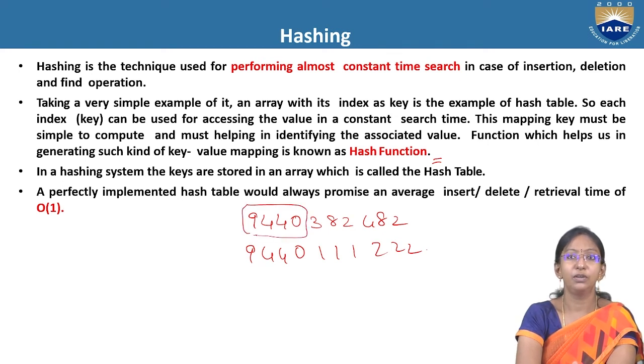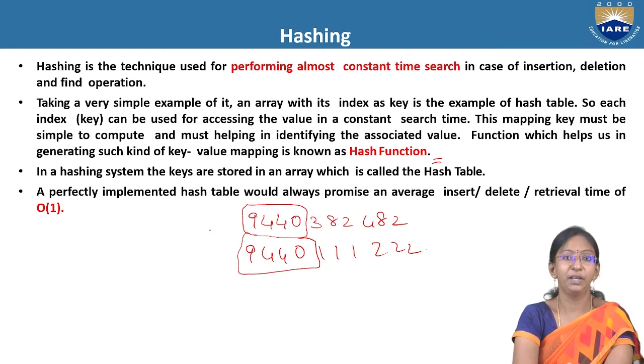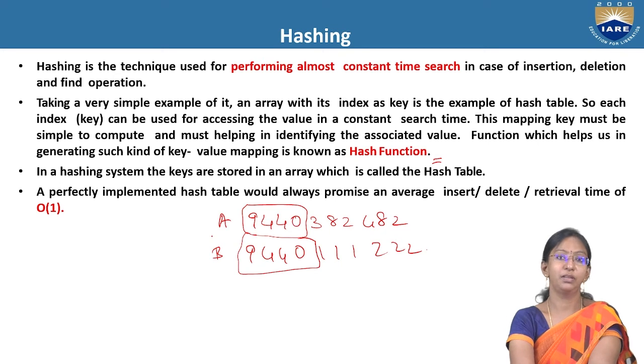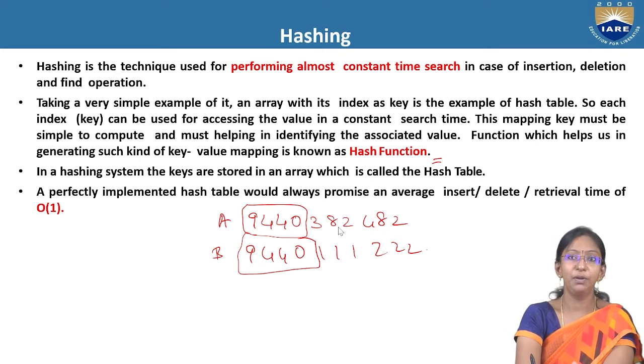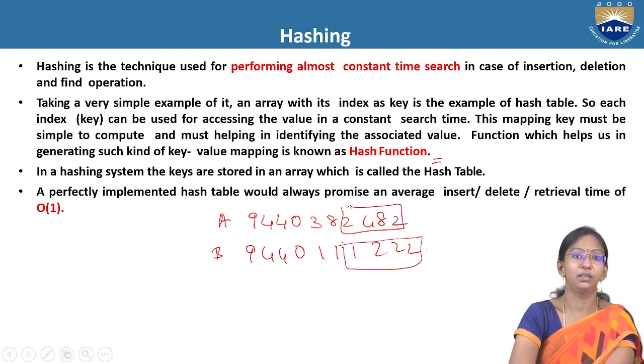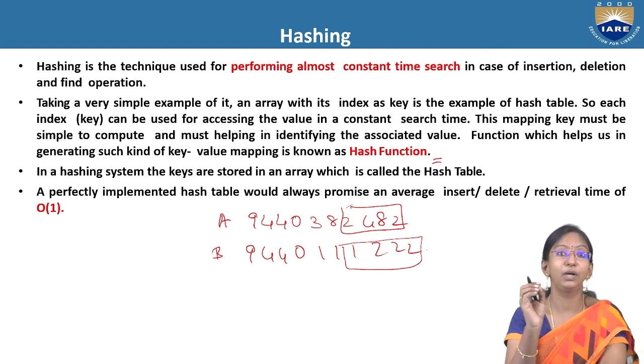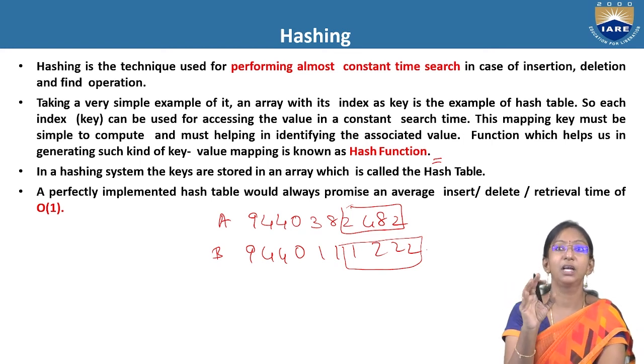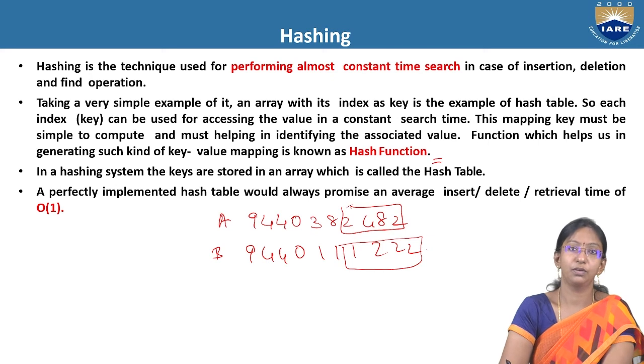If I take the first 4, then duplicates will come. Both A and B will map to the same number. So it will be wise to take the last four digits, 2482 and 1222. They are unique in nature, right? So you have to identify the uniqueness. That itself is the hash function.